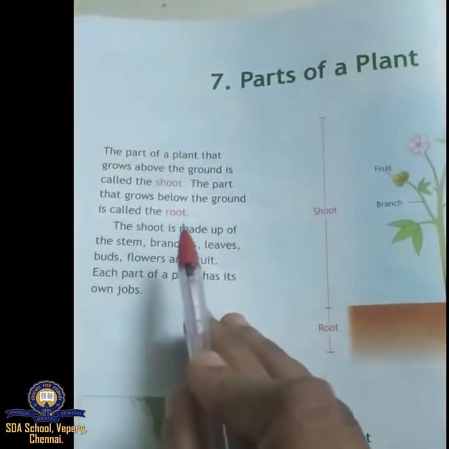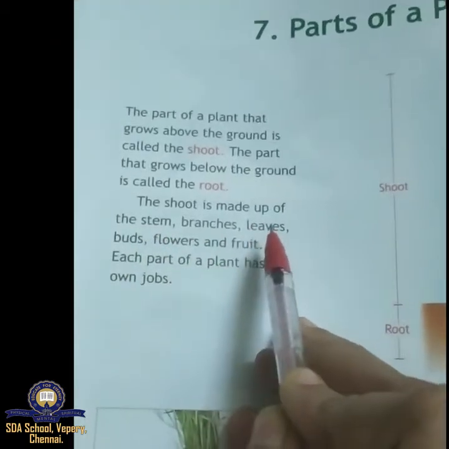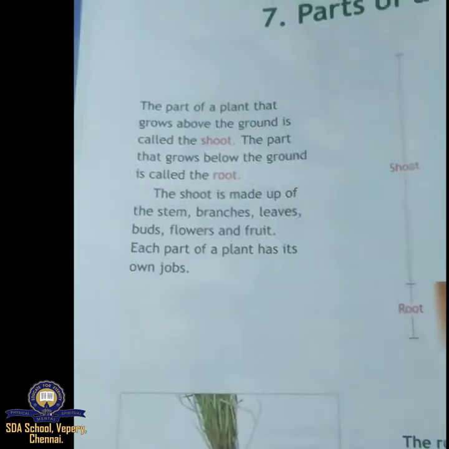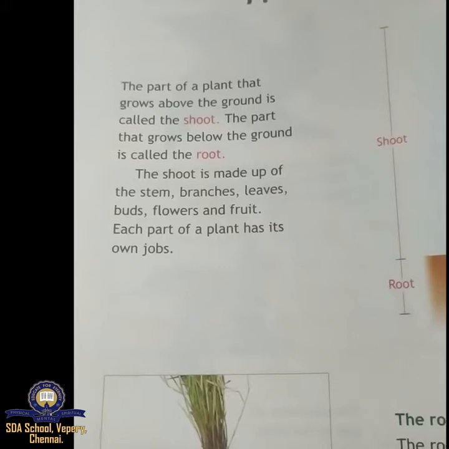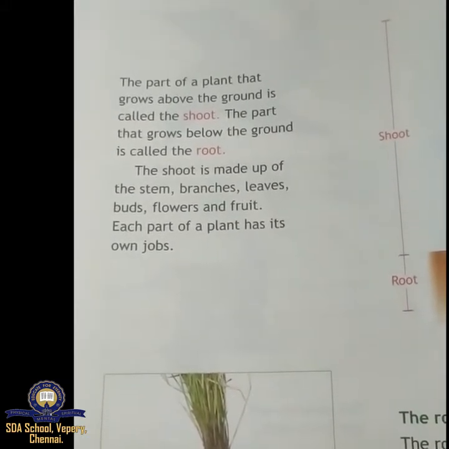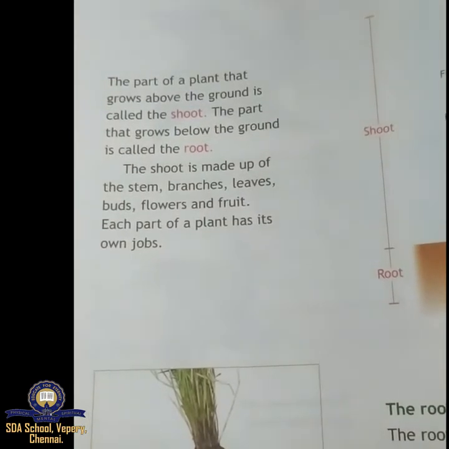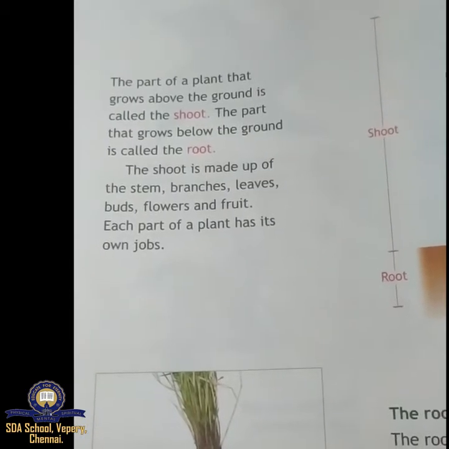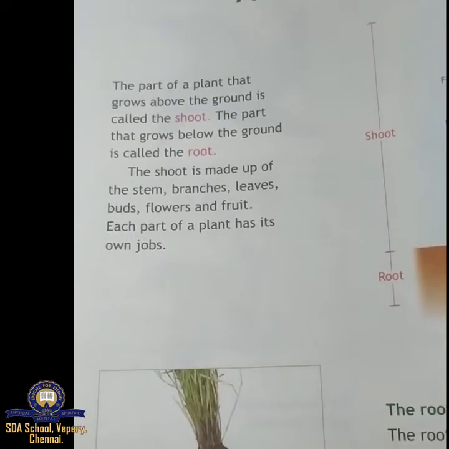The shoot is made up of the stem, branches, leaves, buds, flowers, and fruit. What does the shoot system include? The shoot system includes the stem, branches, leaves, buds, flowers, and fruit.